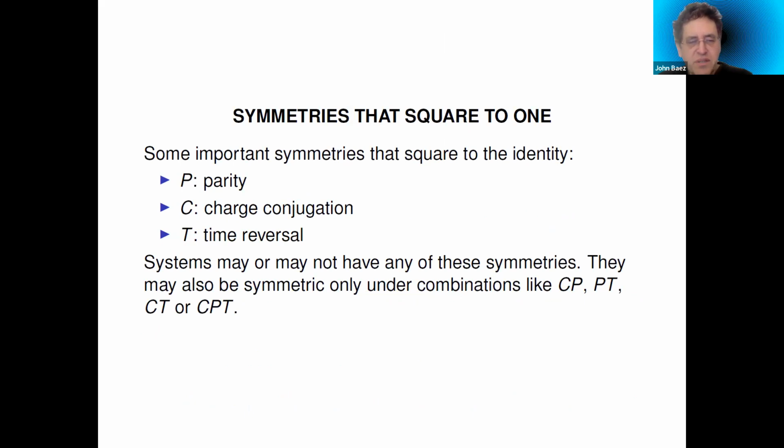Symmetries could be symmetric or not under these putative symmetries, and sometimes they're symmetric only under combinations of them. The standard model is not even invariant under CP or PT or CT. It's only invariant under CPT.